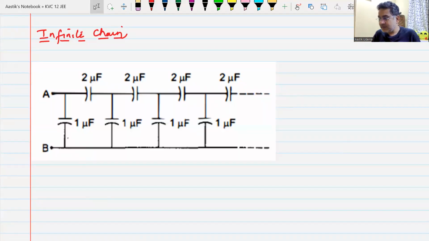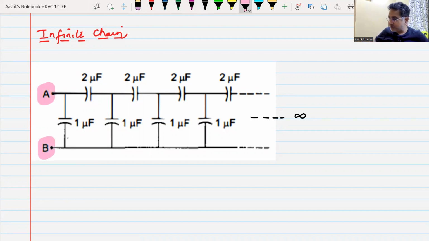You can see there is one capacitor, then the other one, then the next branch, then one more branch, and this pattern is repeated infinitely. Now, we are supposed to find the equivalent capacitance between these 2 points A and B.